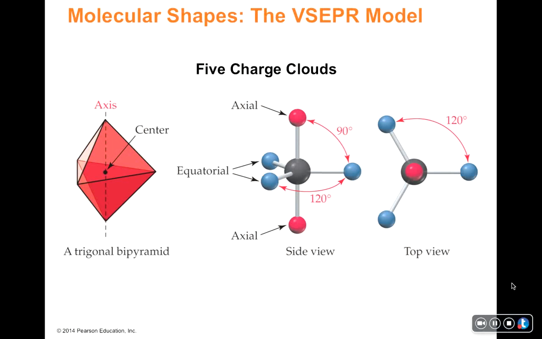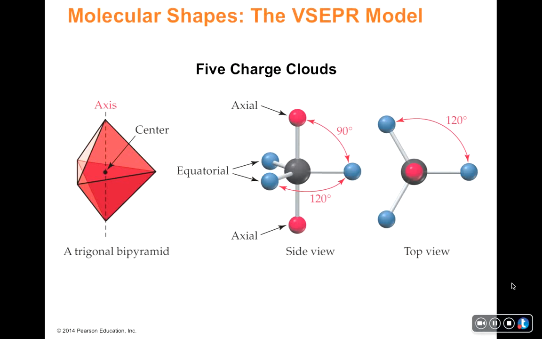5 charge clouds. The geometric shape here to get 5 charge clouds as far away from each other as possible is a trigonal bipyramid that you see on the far left. And then you can see a side view and top view here. And the angles between the central atom, you can see the one on the top, the central atom, and the one on the far right are 90 degrees, and then the ones around the equatorial positions are 120 degrees.